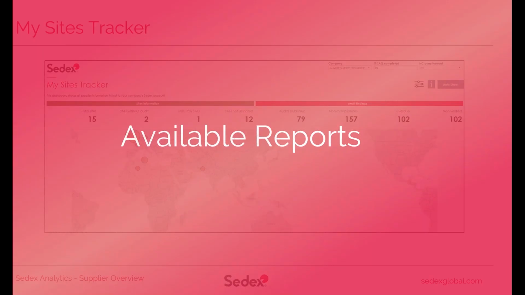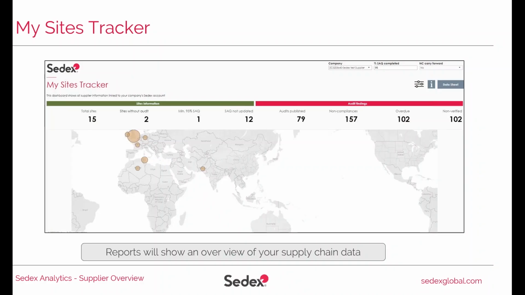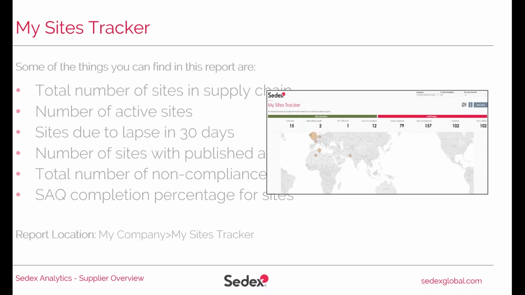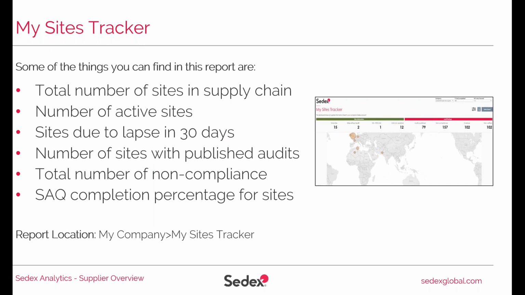So let's take a look now at available reports. This is where I now start demonstrating those functionalities we've mentioned. The first report I'm going to go into, which I'm already in actually, is the My Sites Tracker. This is a good report to see an overview of information, but you can see the total number of sites in the supply chain or number of sites you have, number of active sites, sites that are due to expire or lapse within 30 days, but you can change the 30 days as well, number of sites with published audits, and so forth.